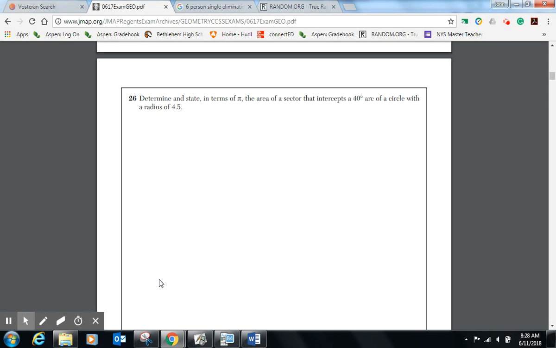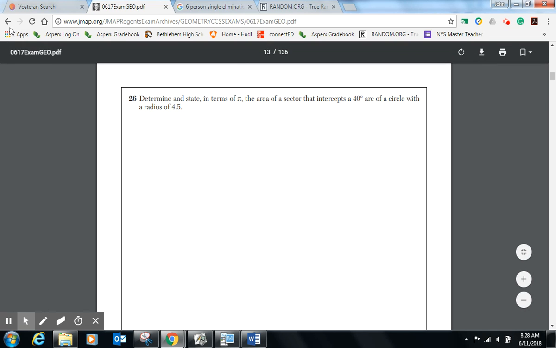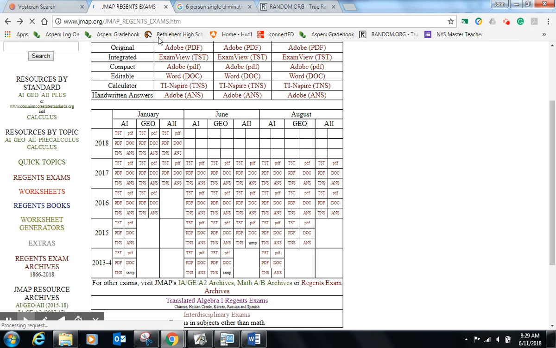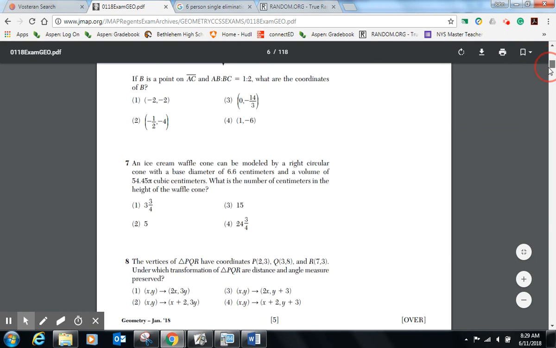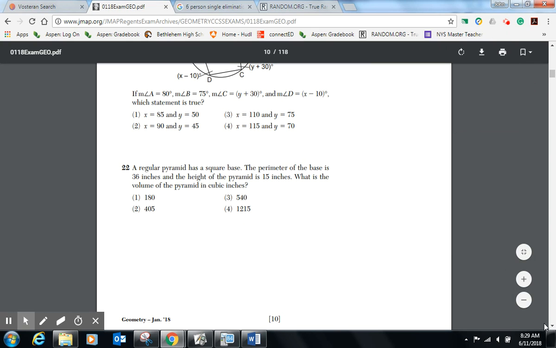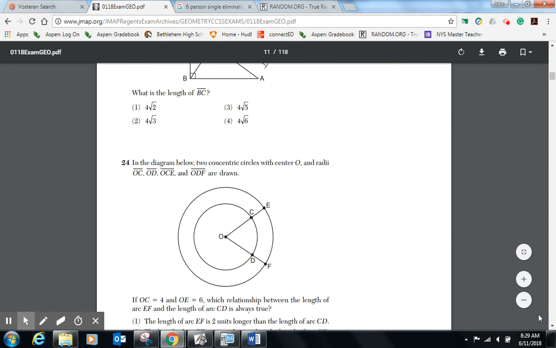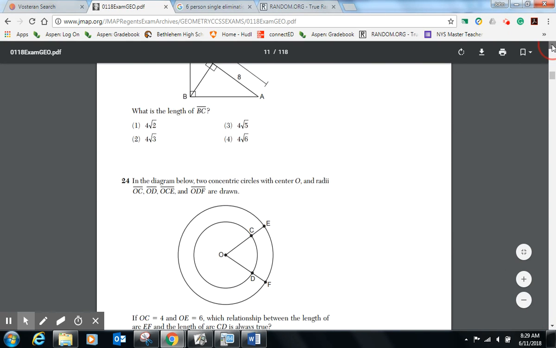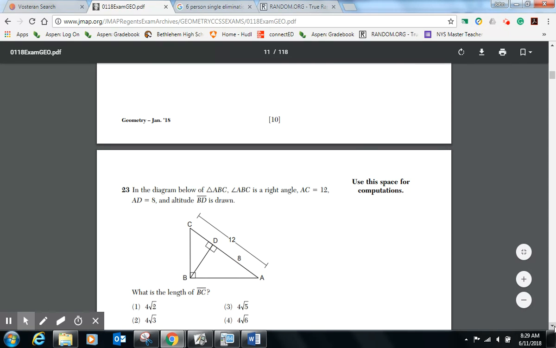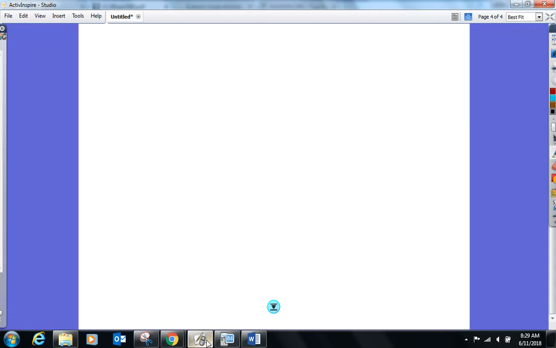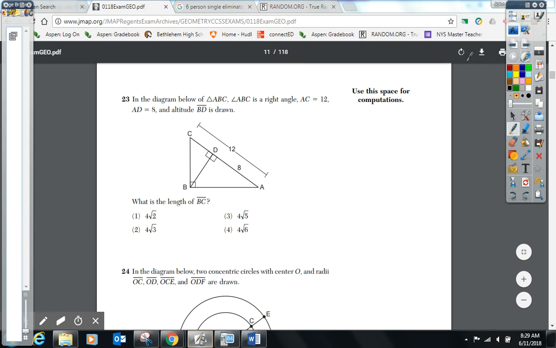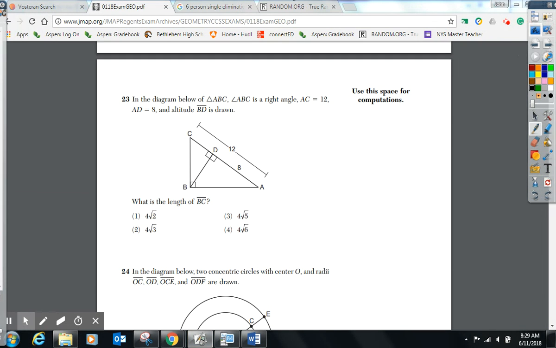I believe that's a good way to finish up the year. There it is. Number 23, Hills and Sass, January 2018. Let's end this on a good note.